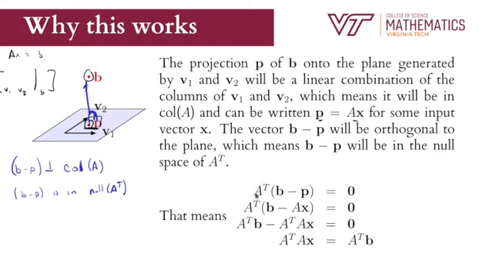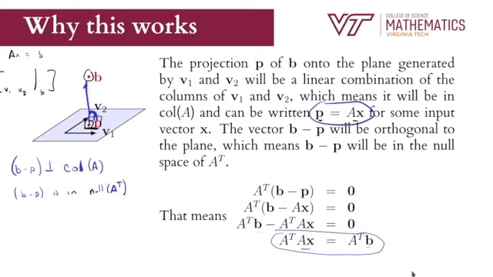And therefore, A transpose times B minus P is going to be 0. Well, all right. Since P could be written as A times X, then A transpose times B minus AX is equal to 0. Distribute the A transpose: A transpose times B minus A transpose times AX is equal to 0. And then put these on two separate sides. And this gives us the equation that we just saw. Multiply A transpose times AX on the left and A transpose times B on the right.